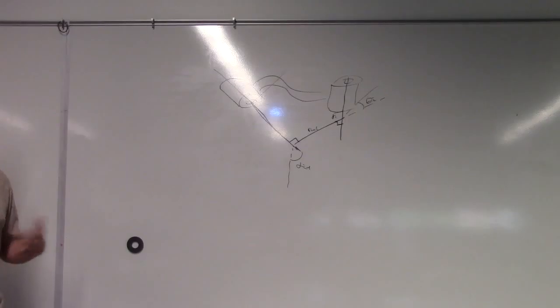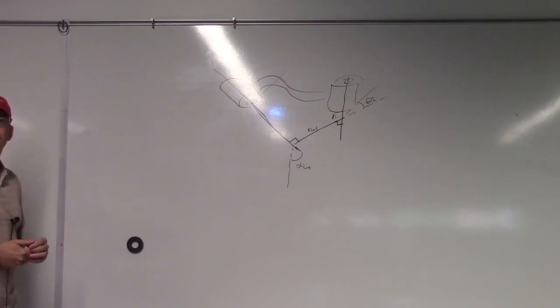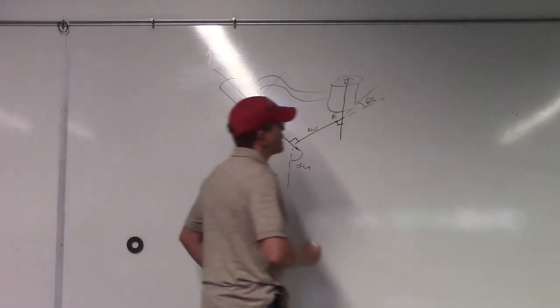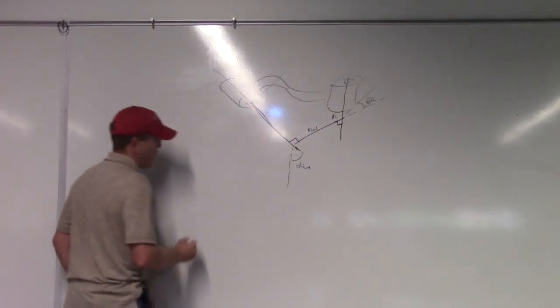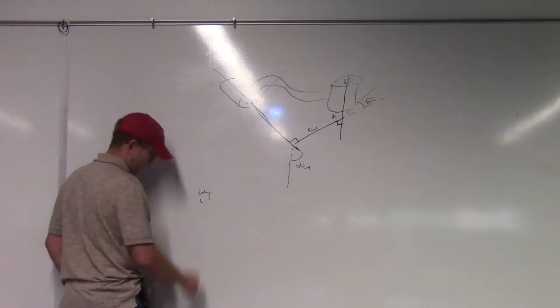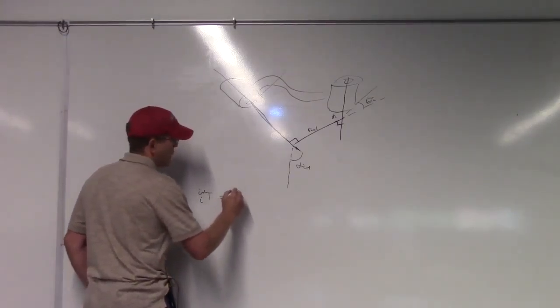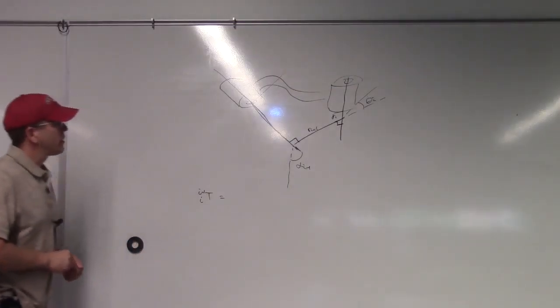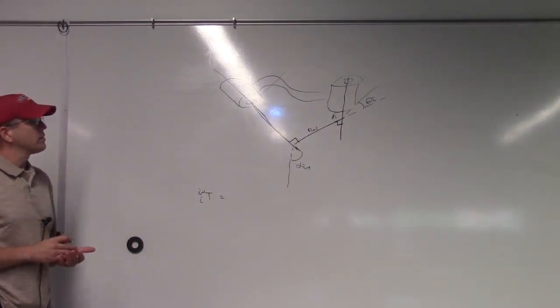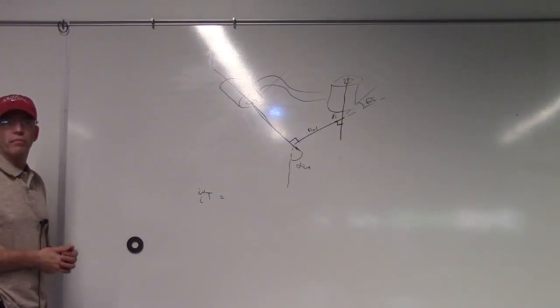So if we want to build a transformation for these DH parameters, this transformation going from the i minus 1 frame to the i frame would be, well, which operation would we perform first?